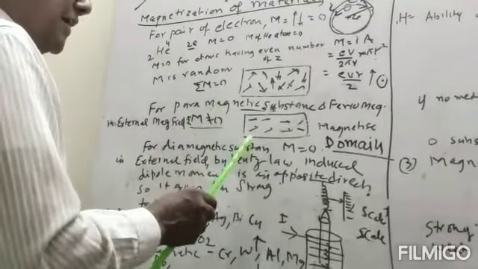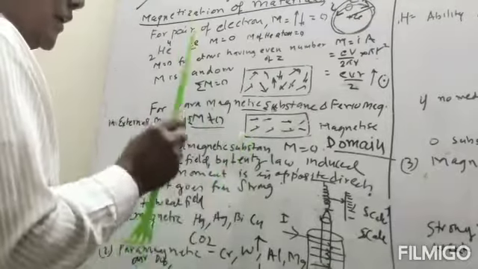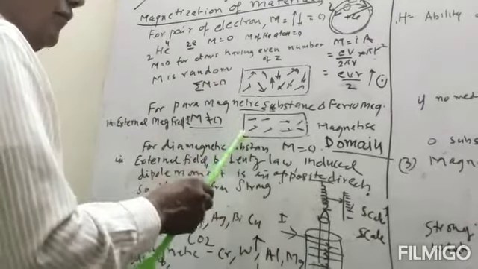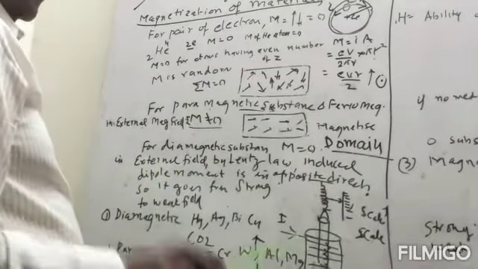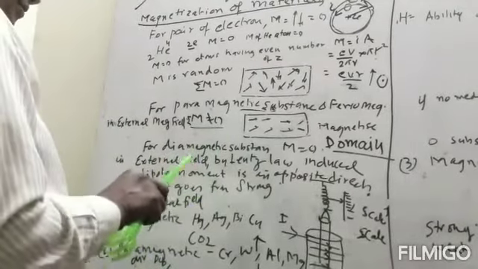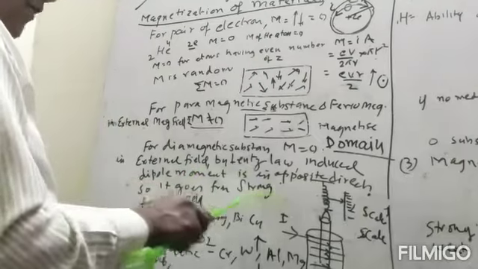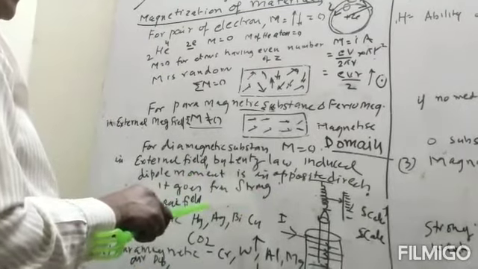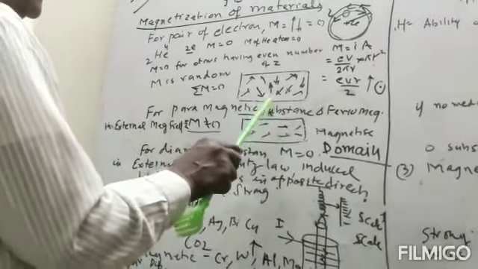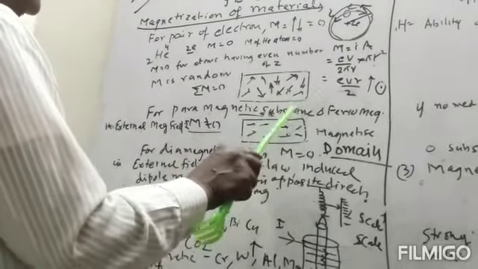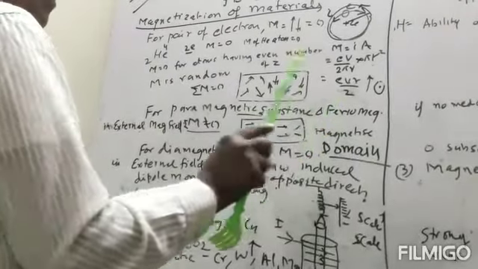Such materials are repelled instead of attracted. So diamagnetic substances are repelled by the magnetic field, whereas paramagnetic and ferromagnetic substances are attracted towards the magnetic field.